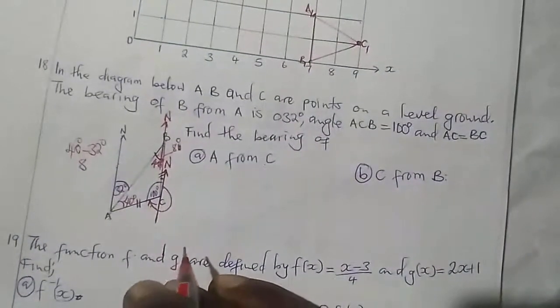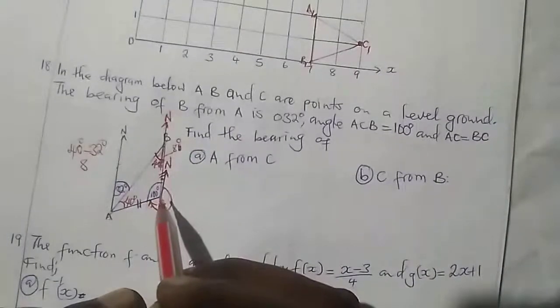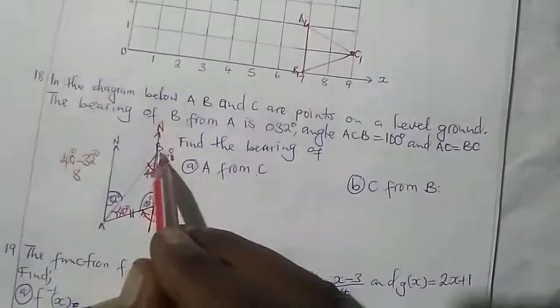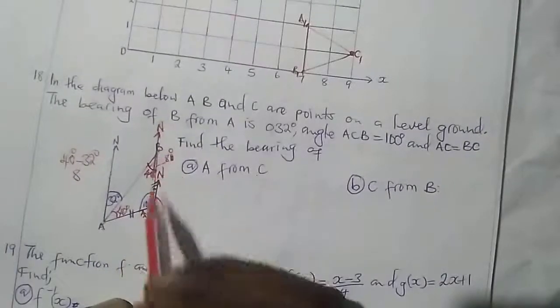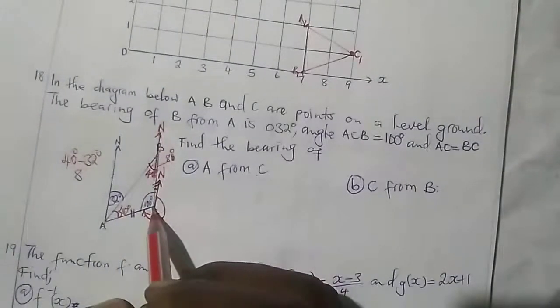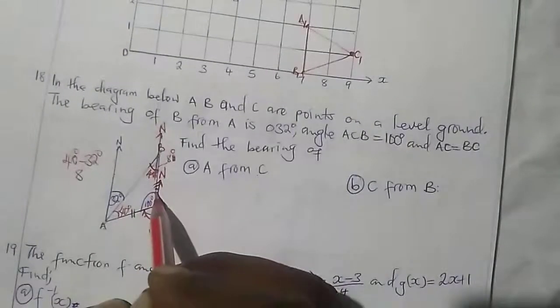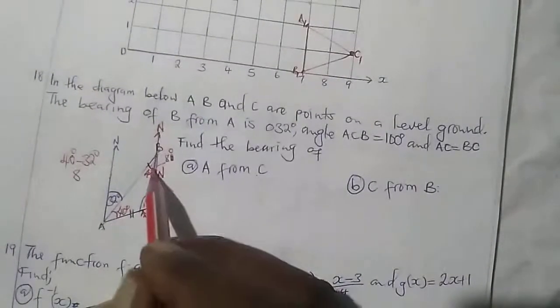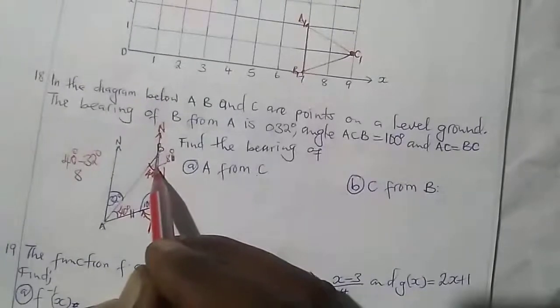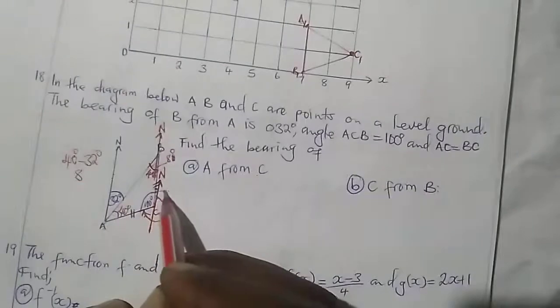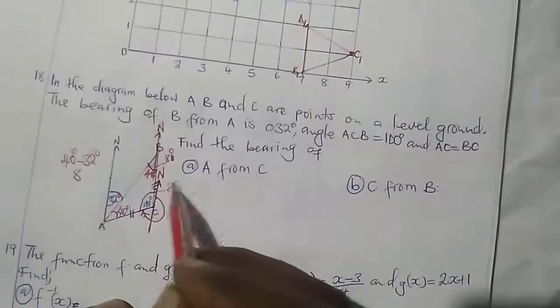Now the same thing happens here. This is a parallel line to this line, and line BC is a transversal line, meaning this angle is the alternate angle to this one, so these angles are equal. If this is 8 degrees, then this angle is also going to be 8 degrees.